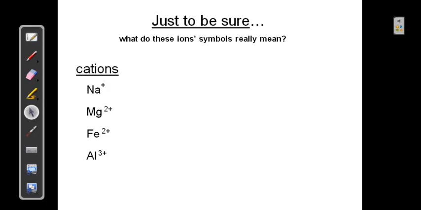Offhand, many people will say, oh, it's all about the valence electrons. Na has 1 valence electron, Mg has 2 valence electrons, iron has 2 valence electrons, aluminium has 3 valence electrons.